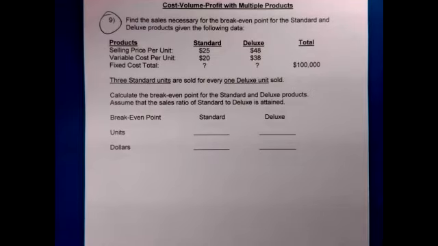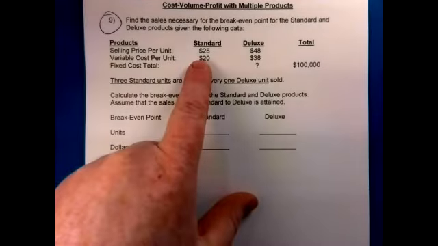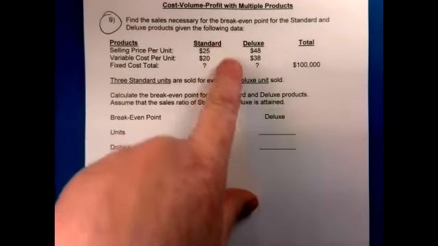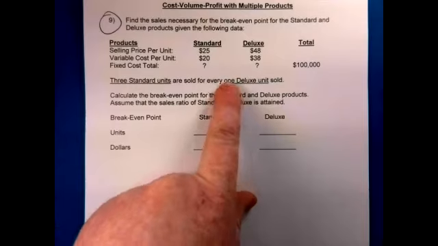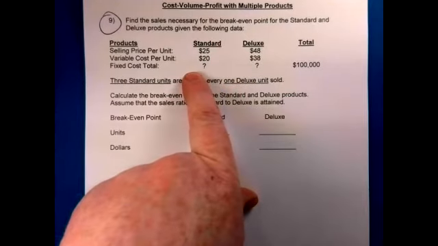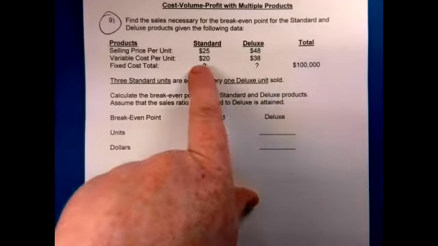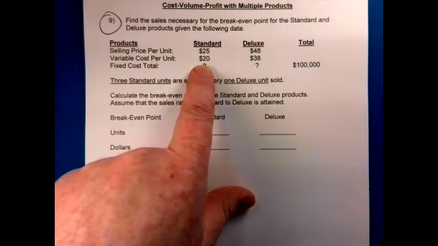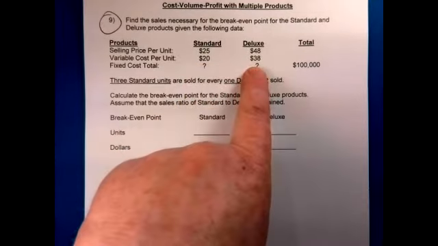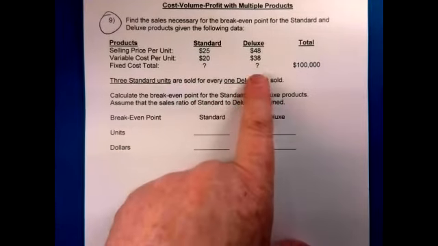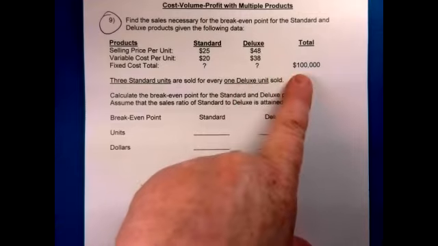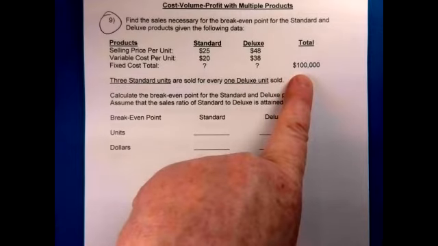This is a case in which you have two different products that are being made in the same factory. So you have a production line that's making the standard ones and a production line that's making the deluxe ones, and they're made in the same factory. The problem is the fixed costs.